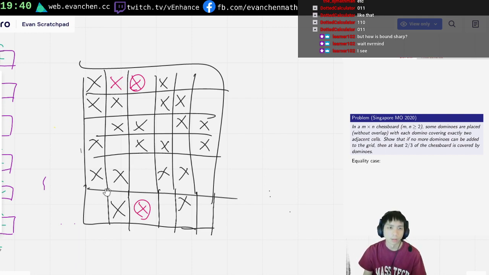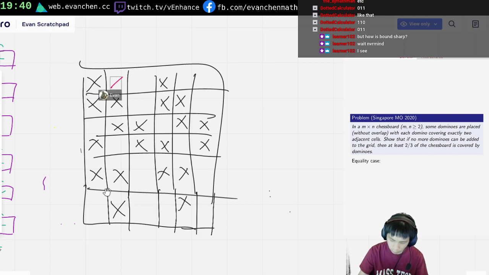Yeah, so this will get you 2/3 plus little o of mn or whatever. So maybe the solution is something like that: if you don't have enough density, can I just find a 3x3 that doesn't have the right density? I don't like it.